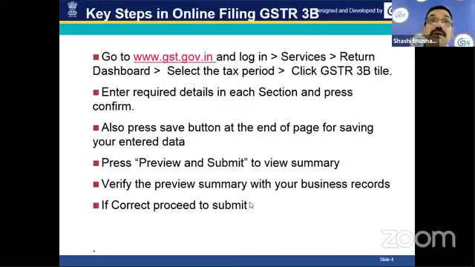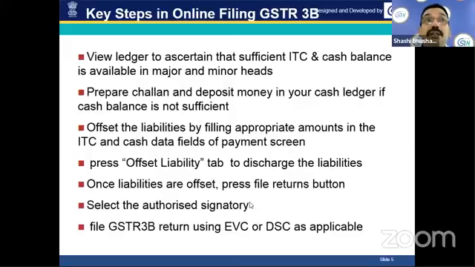If the preview is correct, you then see whether the amount available in the ITC and cash balance in the ledgers, in both major and minor head, is sufficient to pay your liabilities.